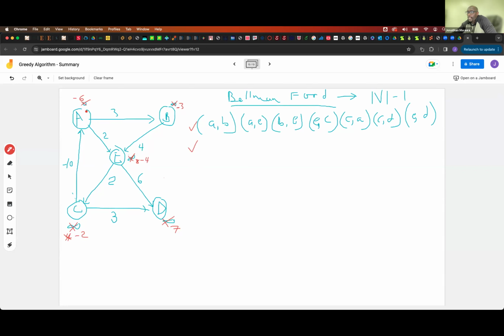C to A is minus 10, so this is minus 12 now. C to D is 3. 3 minus 2 is 1. So this becomes 1.